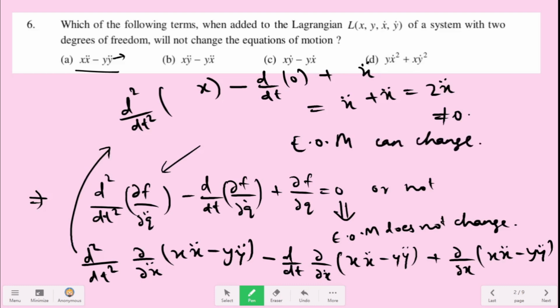Now let us consider option B. In option B, we have x y double dot minus y x double dot. Again, this is a function which includes double dots.